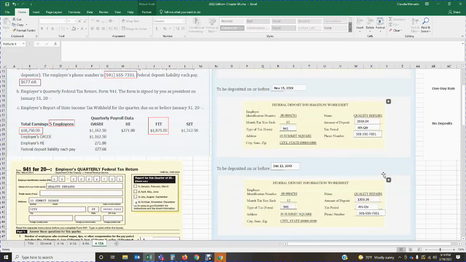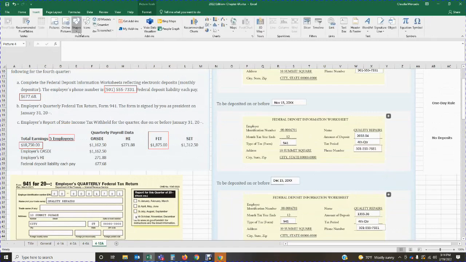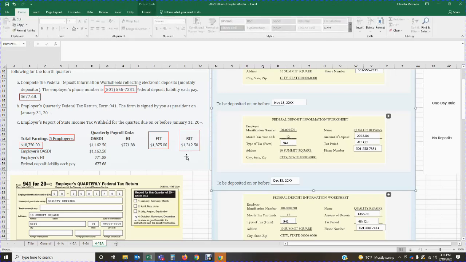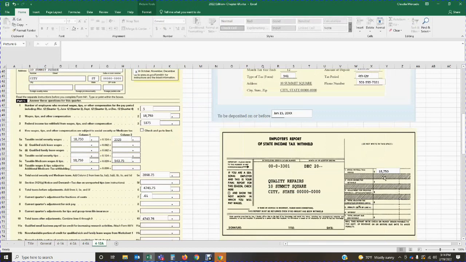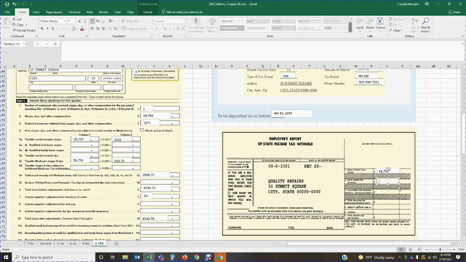That is provided right here, state income tax. State income tax is provided to you in the problem as well. It's 1312.50. So box number 2, it's 1312.50.